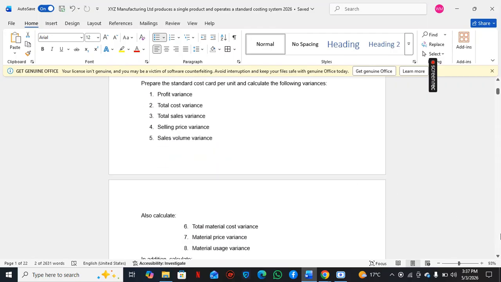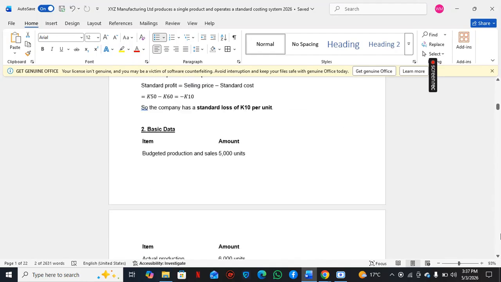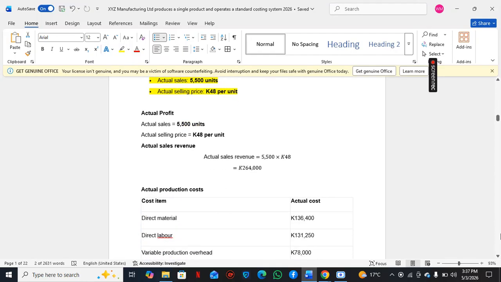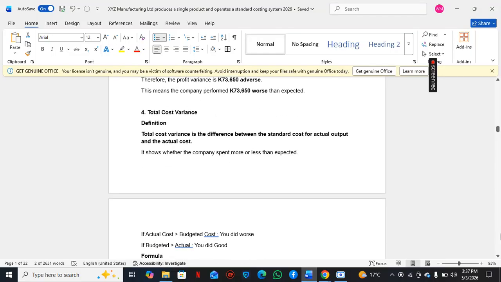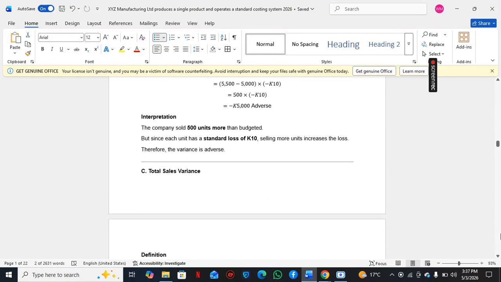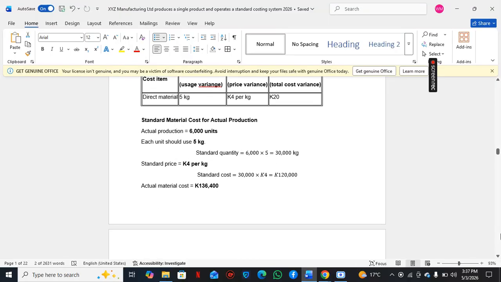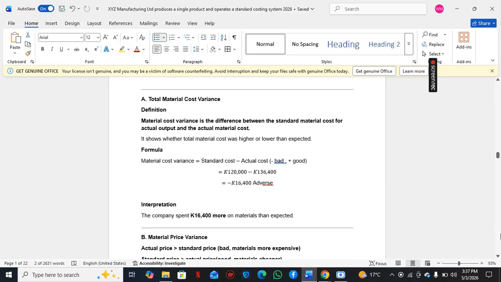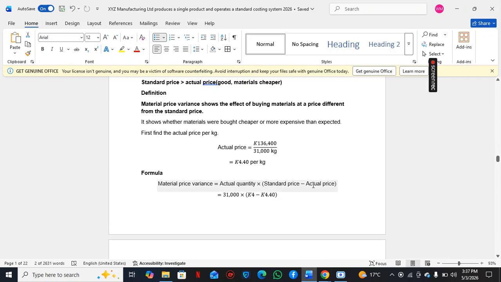136,400 divided by 31,000: we paid 4 kwacha 14 ngwe per kg.